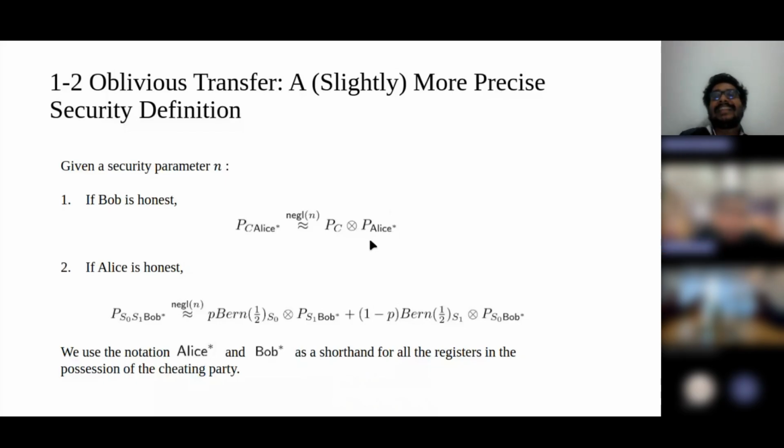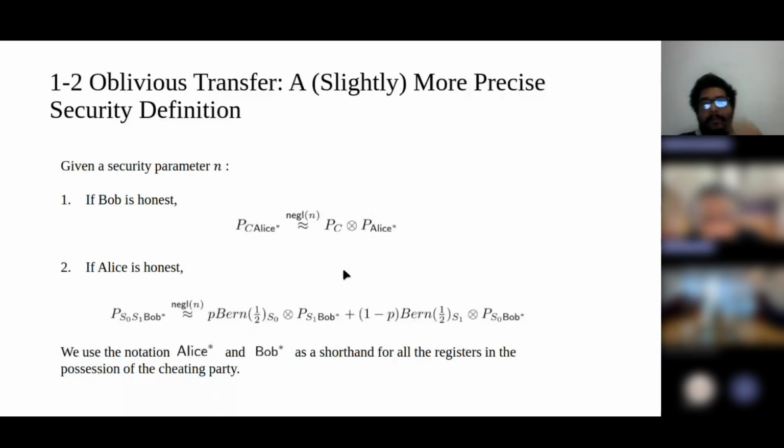Like the thing is, when you're giving a talk, writing the simulator based definition is extremely hard. So I decided to go with this because of some historical reasons, which I'll state shortly.